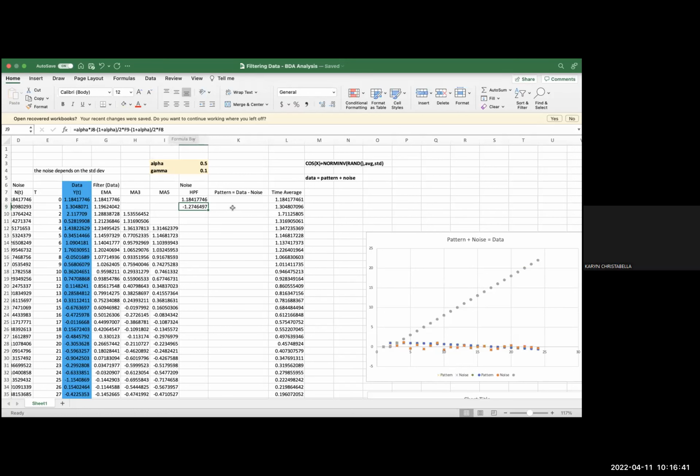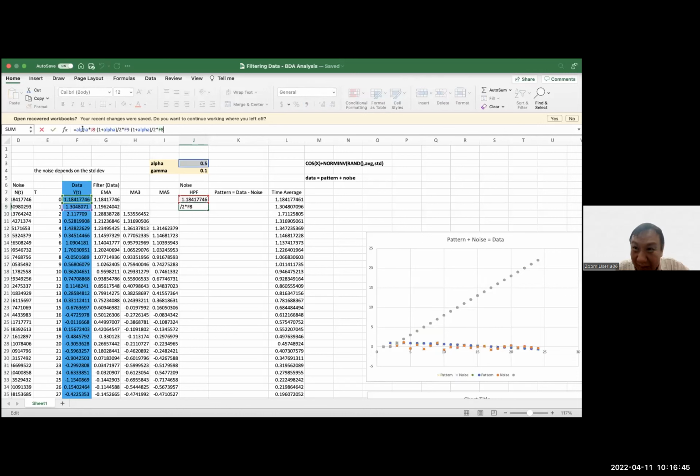I read this, sir, but I'm confused. Is it like this? Yes, the formula in the slide. So alpha multiplied by the previous value, correct? And then (1 plus alpha) divided by 2 multiplied by F, correct? Minus, oh, that's correct.